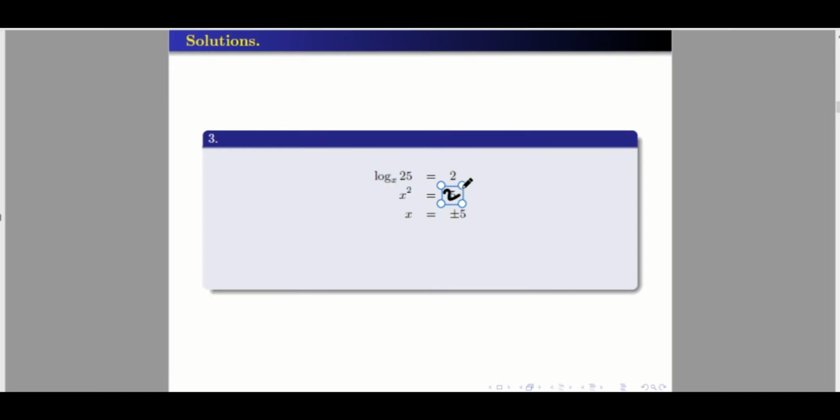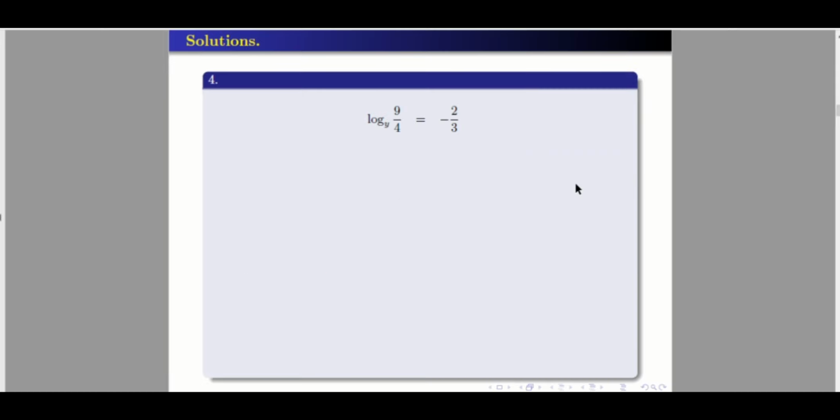The square root of 25 is plus and minus 5. But of course, we'll just take positive 5 because x is a base, and by the definition of logarithm, a base must be positive. So the minus 5 is not acceptable. Our final answer is just positive 5.